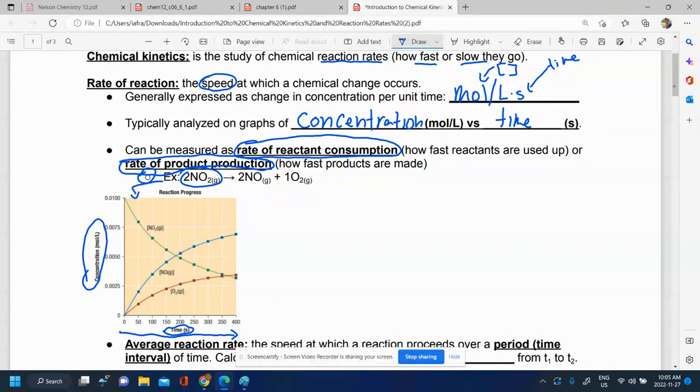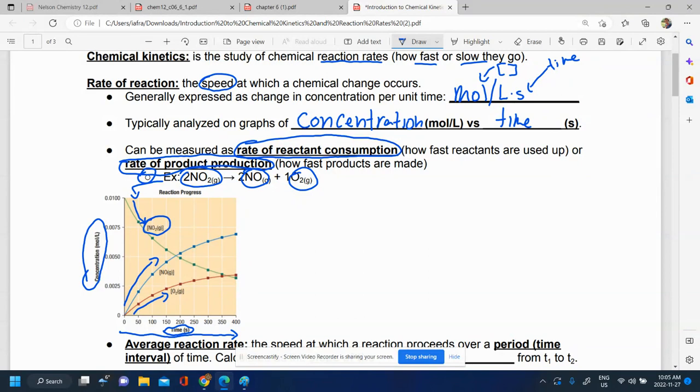And so you can see that the NO2 is a reactant, so it makes sense that the curve is going down because it is being consumed or used up. Whereas the NO and the O2 are products, so it makes sense that their curves are going up because they are being produced. And so what you can essentially do is some math with this graph here to calculate what the rate is going to be.